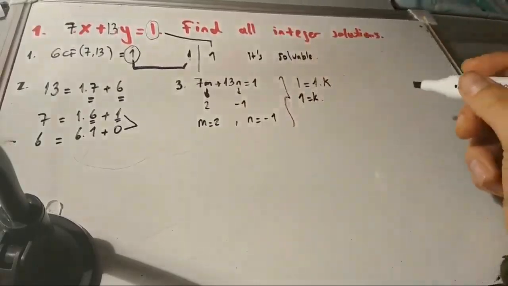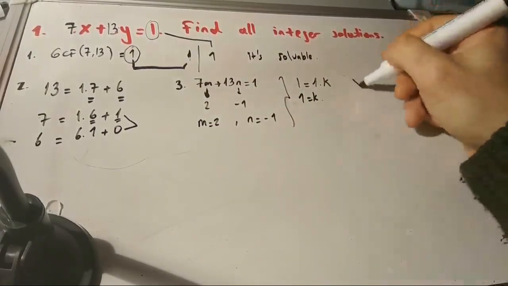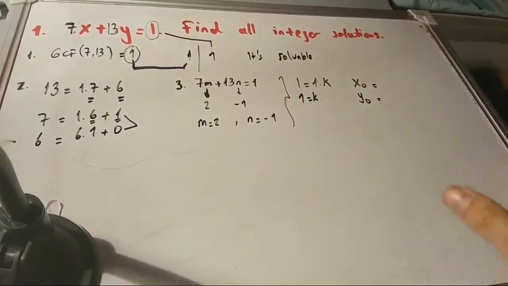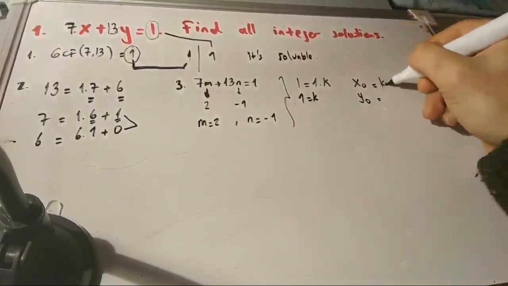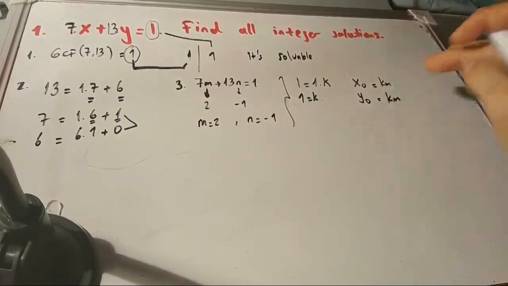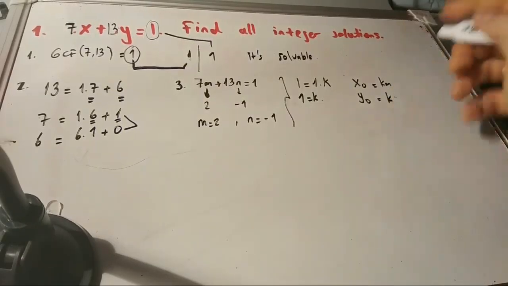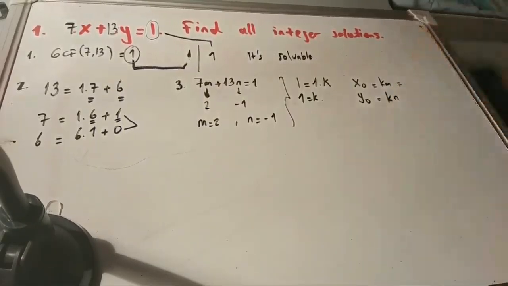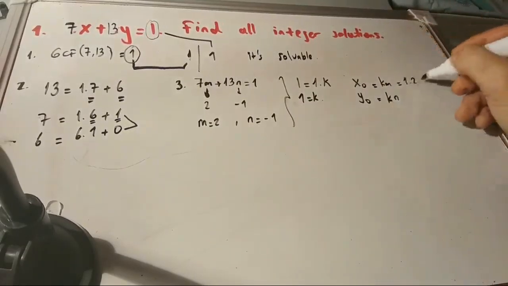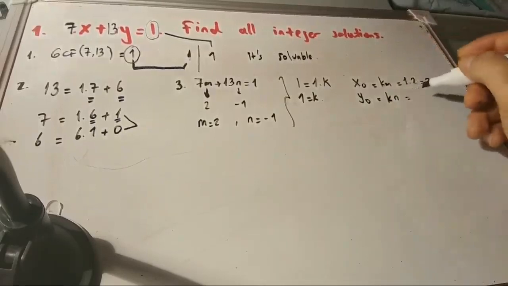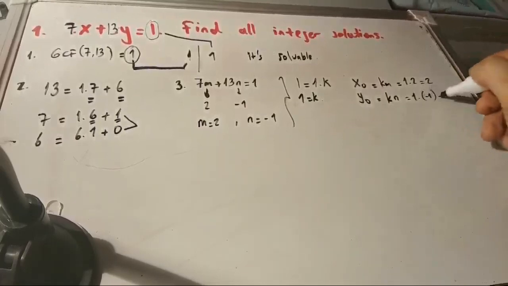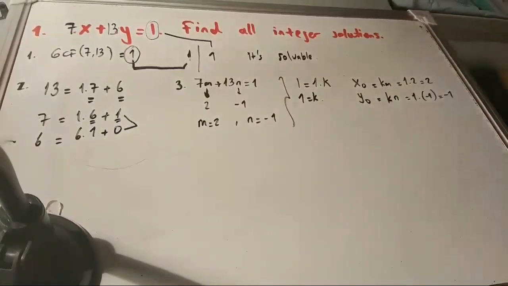And after that, we will find x0 and y0. To find x0, we multiply k and m. To find y0, we take k and n. So x0 is going to be 1 times 2, which means 2. And y0 is 1 times negative 1, which is negative 1.